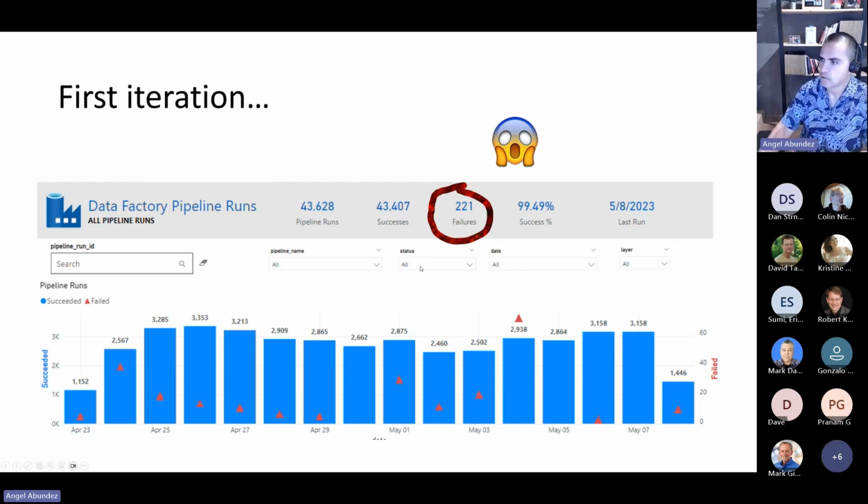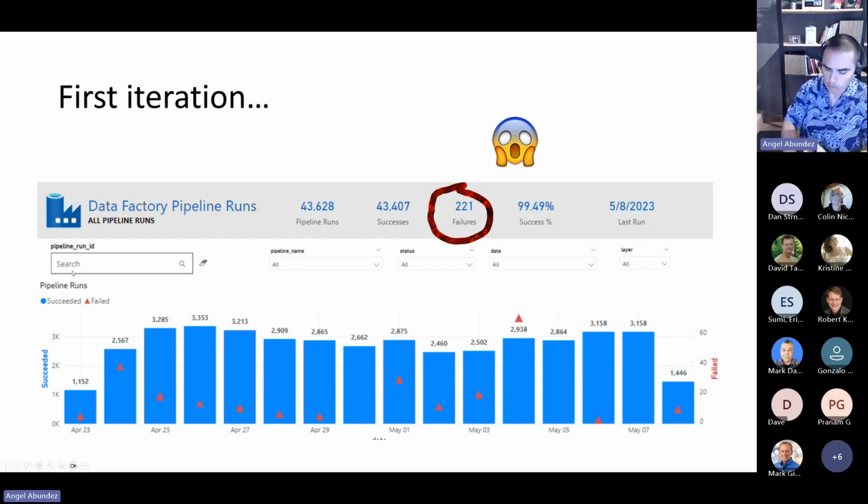We added some slicers here, but still it didn't give me the answers of what was failing, where I needed to go, who I needed to contact, or what I needed to start looking at: compute, code, permissions, or something else.